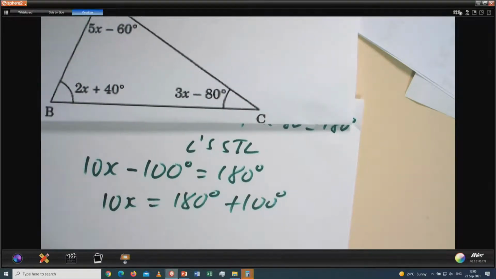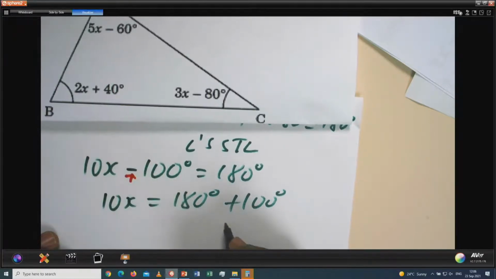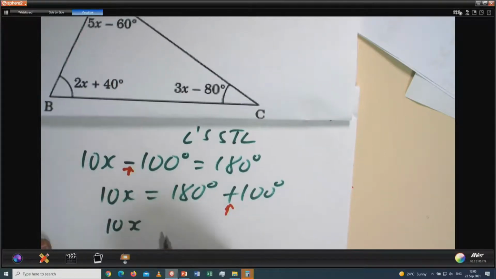Then your mathematics there again. When it changes the position, always remember, when it changes the position, it changes the sign. Always remember that. 10x equals 280 degrees.